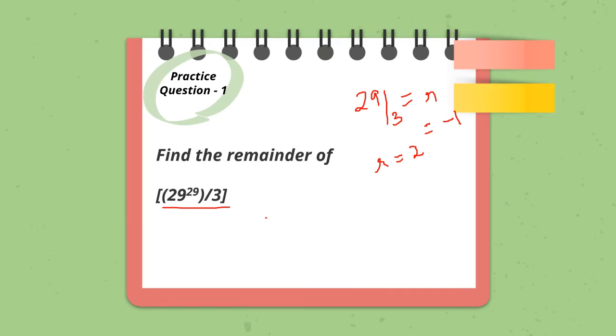This becomes minus 1 to the whole power 29 divided by 3. What would minus 1 to the power 29 leave? The number in the power is an odd number, so of course I would end up with minus 1. So minus 1 is my remainder.